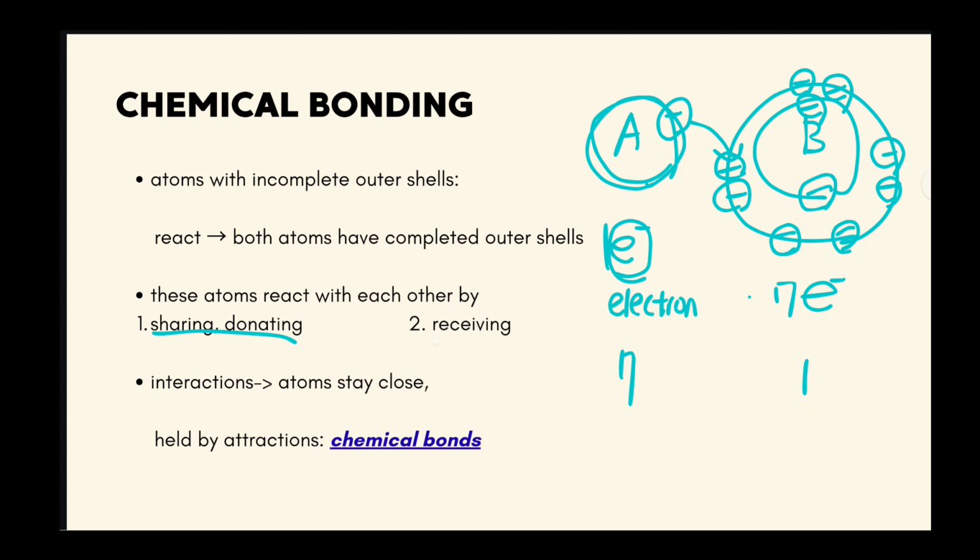And atom B received an electron. By these interactions, atoms become close, because if atoms are too far, it is harder for them to interact. Therefore, they stay close so that they can interact well. And these attractions are called chemical bonding.